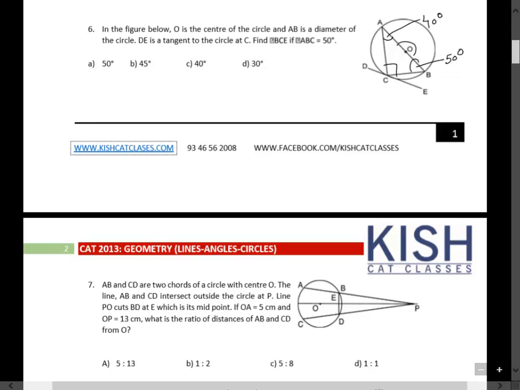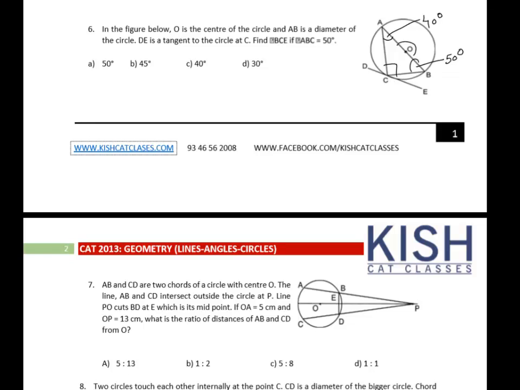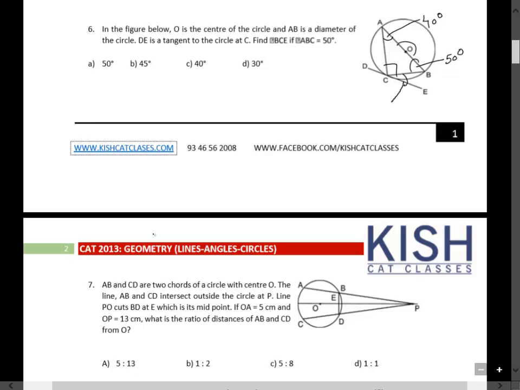Now what is angle A? What is the relationship between chord and tangent? Yeah, the alternate segment theorem. The angle between the chord and the tangent is equal to the angle made by the same chord on the opposite side of the segment. So this is also equal to x degrees.